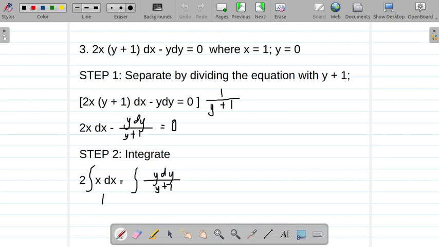So, if we integrate x dx, x to the power of n plus 1 over n plus 1.